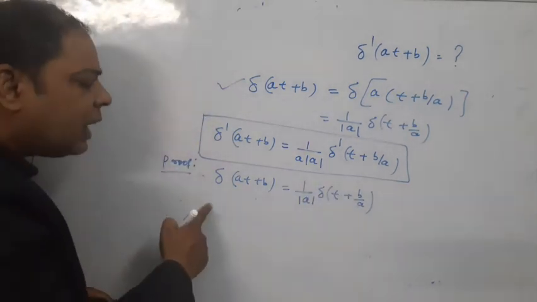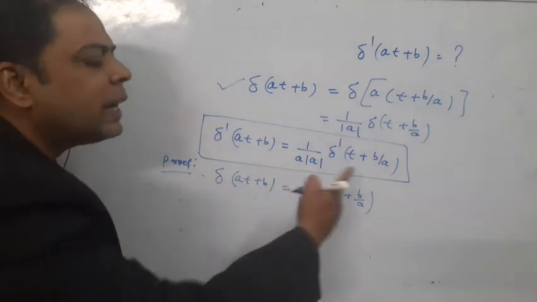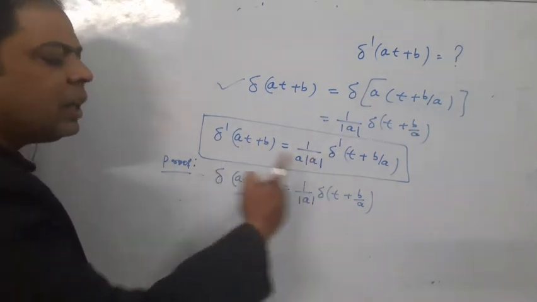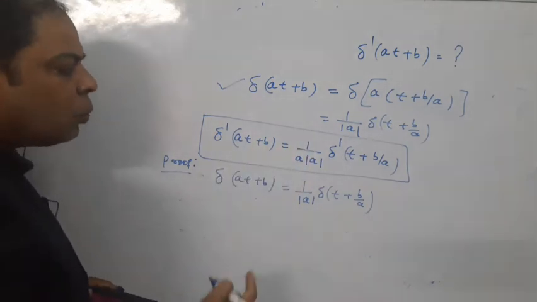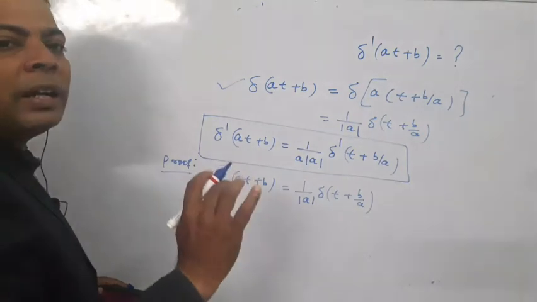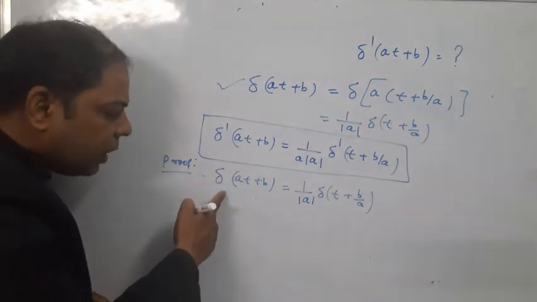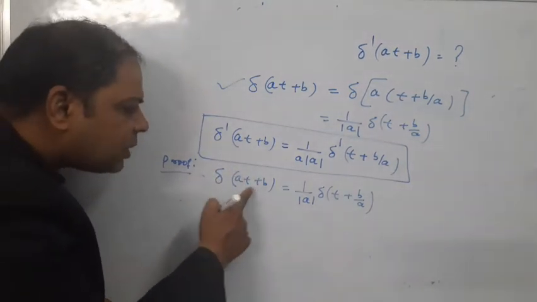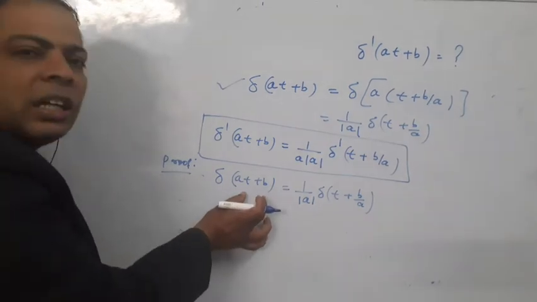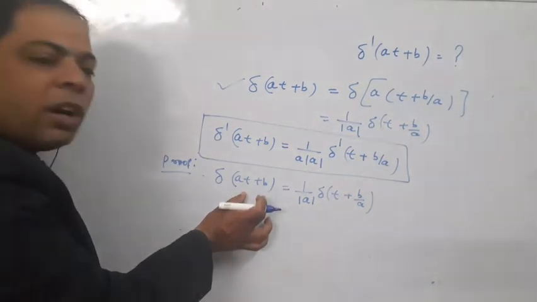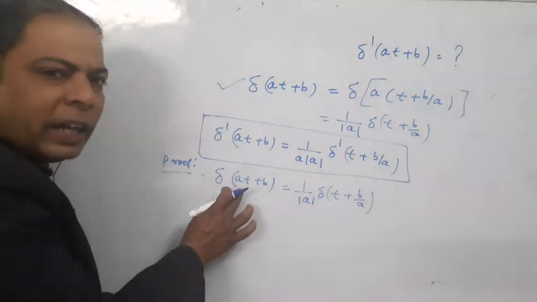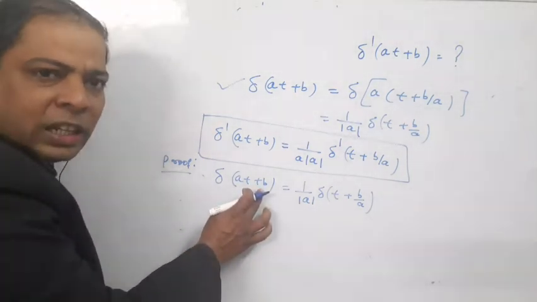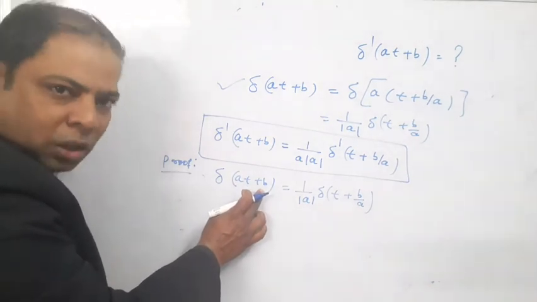Now if you take the derivative with respect to time on both sides, understood? So what will you find? If you take the derivative here, this becomes del dash at t plus b, then the derivative of the inner term is a, because if you differentiate at t plus b with respect to t you get a, and b is a constant so you get 0.